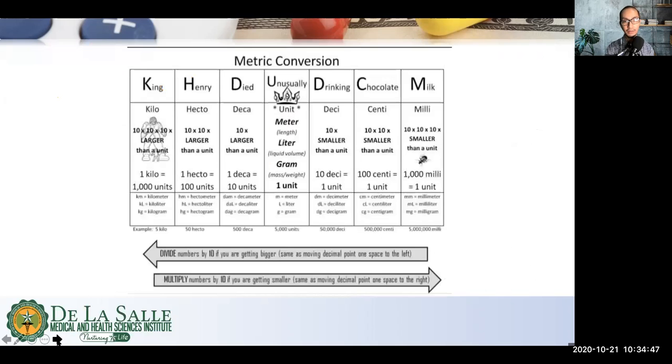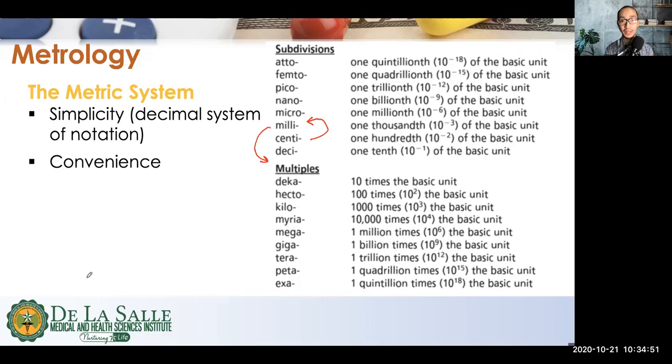We know that in the English system, the numerical values in the conversion factors are difficult to remember because they are not related to each other.